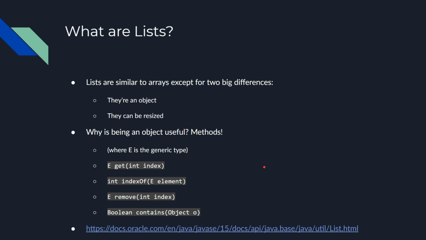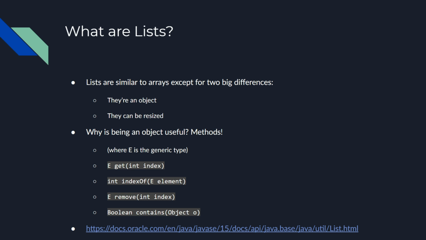But for example, in an array, if I wanted to see what position an item was at, there's no built-in way to do that. I'd have to go through each item of the array, and I'd have to compare and see if the item matches what I'm looking for. You have to do that manually. You have to write a for loop. You have to do a condition to check, all that kind of stuff.